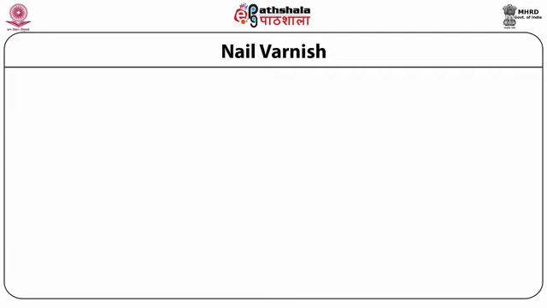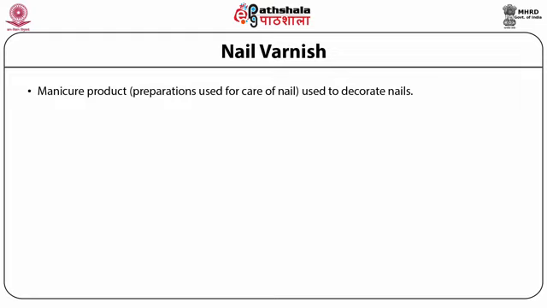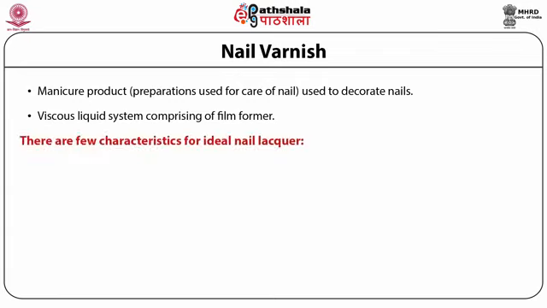Nail varnish. The most important group of manicure products, that is, preparations used for the care of nails, is nail varnish, which is a viscous liquid system consisting of film formers used to decorate the nails. There are a few characteristics of an ideal nail lacquer. It should be innocuous to the nail and the skin.